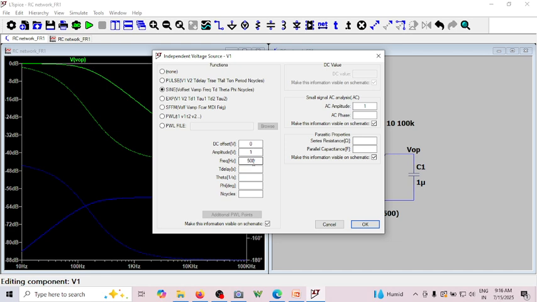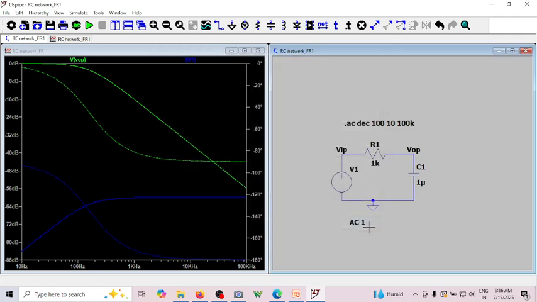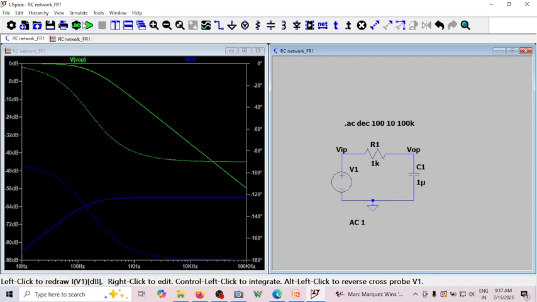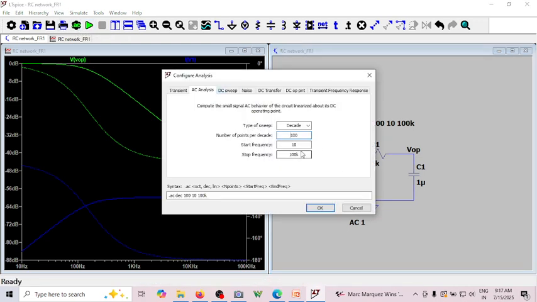Suppose you give it as 500, it will cause confusion: what is this 500 and what is this 1? So let us make sure that this is none and this is the AC amplitude, so that you are perfectly aware that you have a source whose frequency is not specified here, but the frequency sweep is specified in the AC analysis configuration.